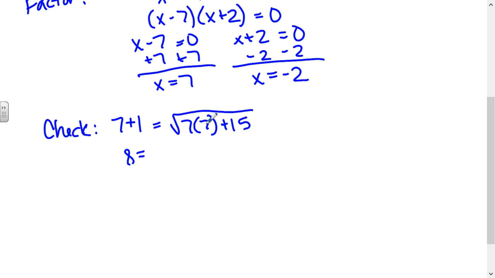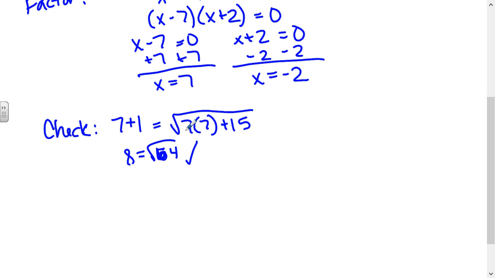And then 49 plus 15 would be 54. That's the square root. So obviously, if we work this out, it does not work out. And actually, I'm sorry, this should be 64, not 54. So the square root of 64 does equal 8, so actually this one does check out.